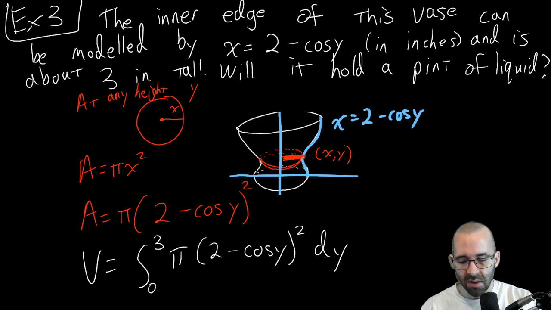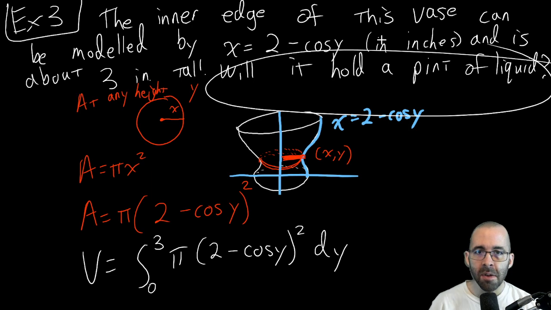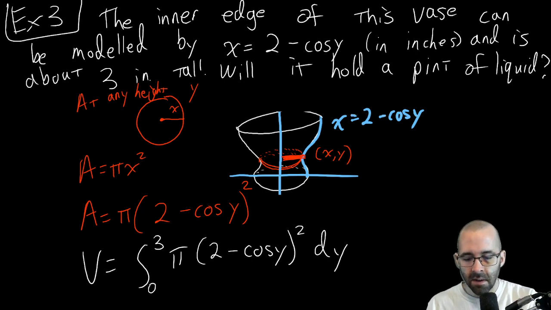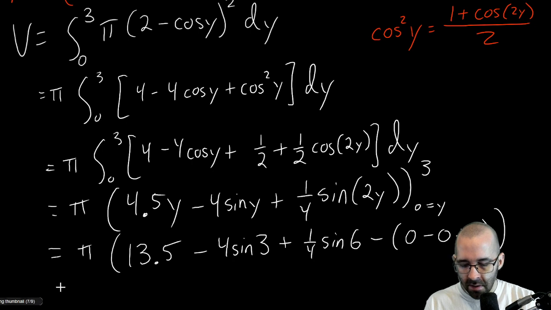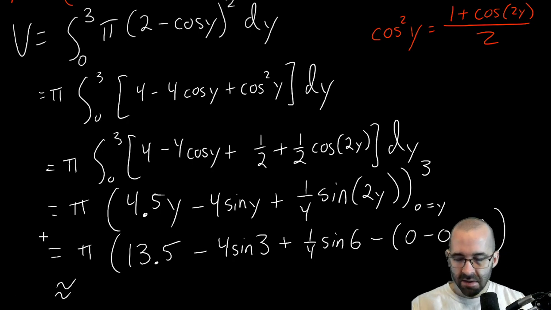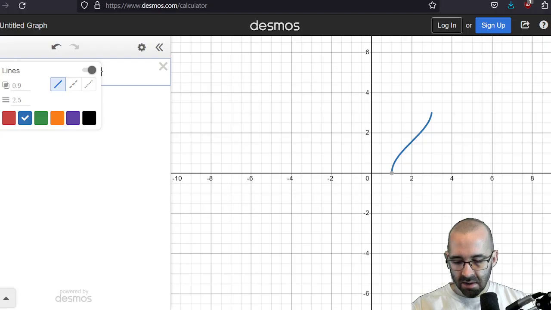But remember what our question is. Will it hold a pint of liquid? So we're finding the volume, but all we need to do is compare this volume to a pint. Well, let's use a calculator. What is this equal to?